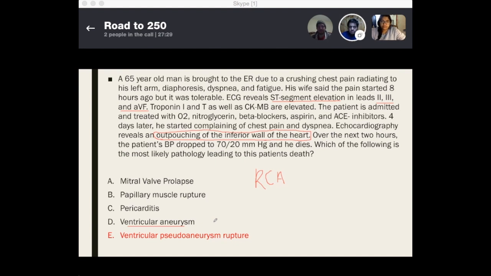All right, so let's go down the timeline because we're just going to review this. So what is the biggest concern 0 to 24 hours post-MI? Complication-wise, that the patient would suffer.